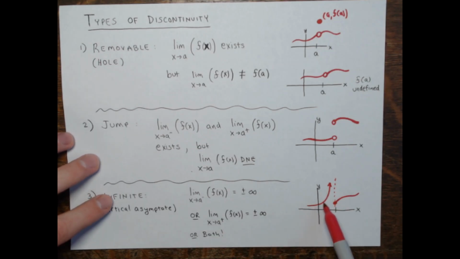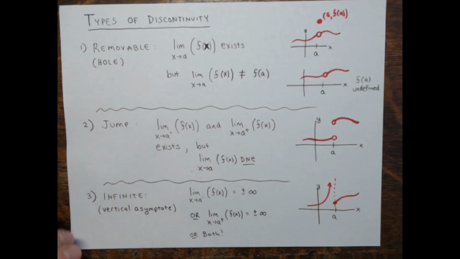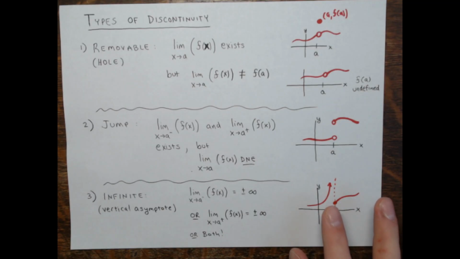And you can clearly see that there's a break in the graph here, right? I'm going to draw, draw, draw, left up forever. I would have to definitely lift my pencil and come back down here to draw the rest of it. So again, both sides could go to infinity, but as long as one of them goes to some kind of infinity, it's an infinite discontinuity.